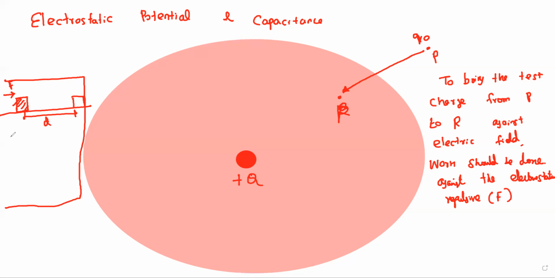To move this box, we have to give a force from ourselves, so we need to do some work. What is the value of work? Let this force be 50 Newton and this distance be 3 meters. What is the value of work done?